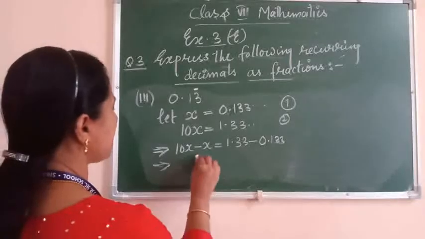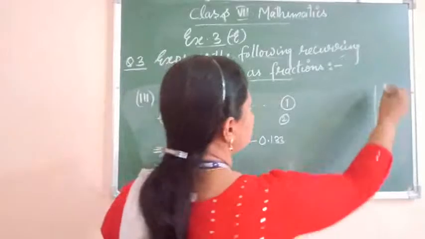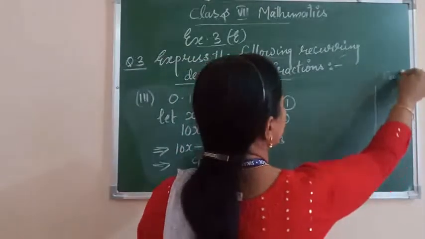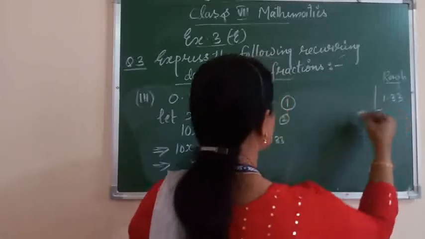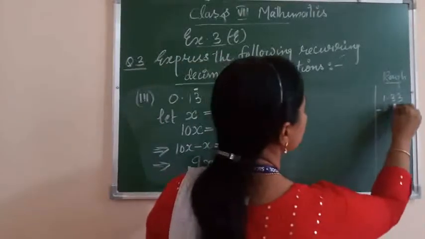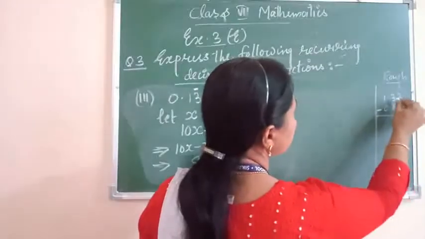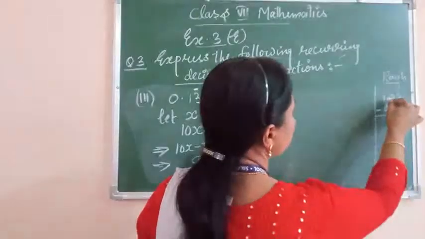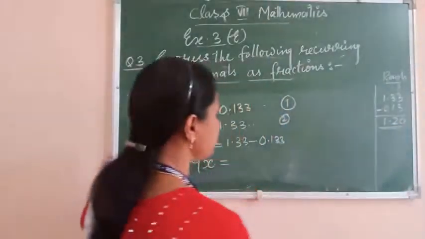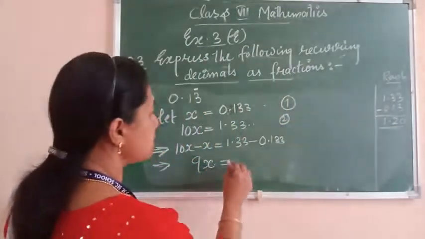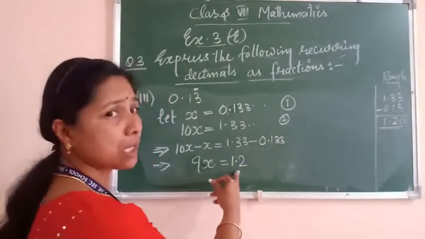Here in rough form we are doing the subtraction: 1.33 minus 0.13. See this subtraction: 3 minus 3 is 0, 3 minus 1 is 2, and the point is here, and it is 1. So after subtraction you got 1.20, that we are writing here. 9x is equal to 1.2. 1.20 means 1.2 only.